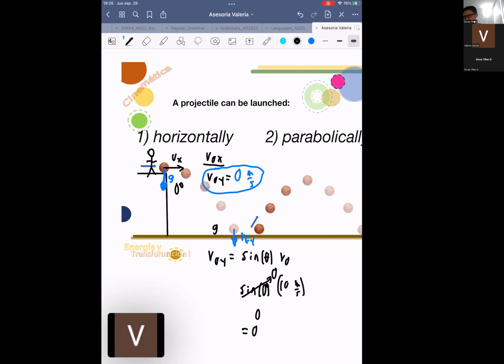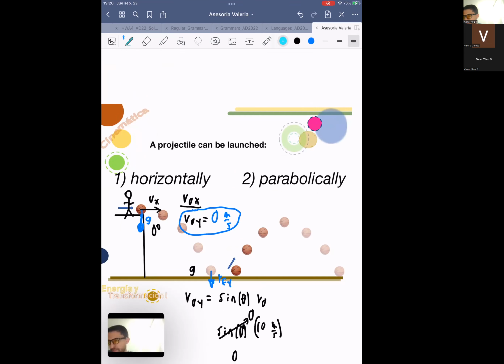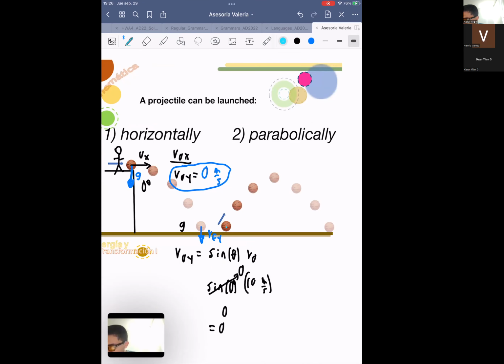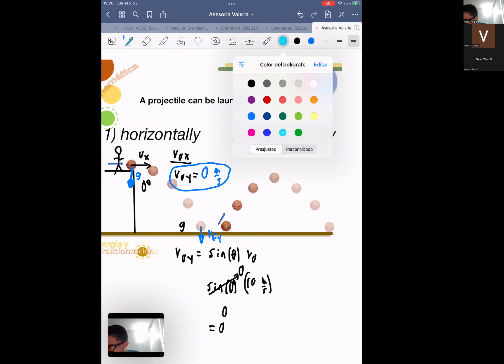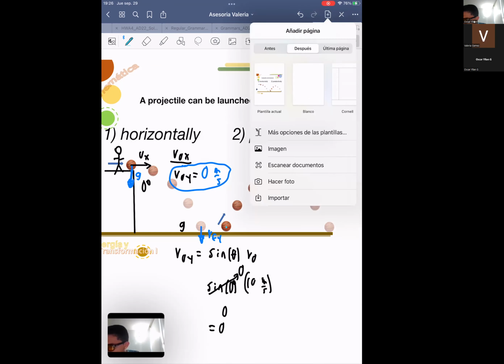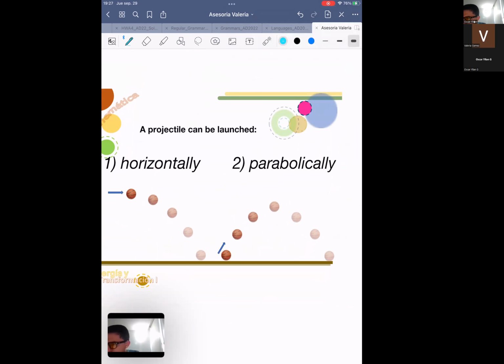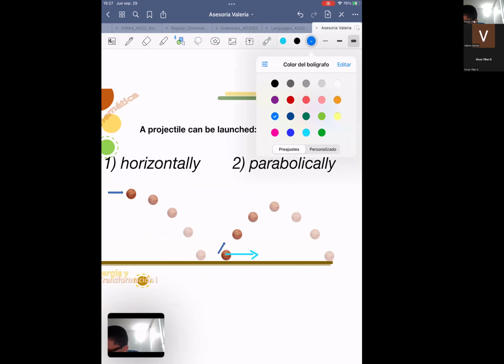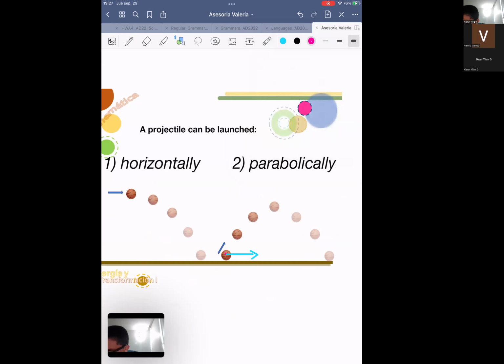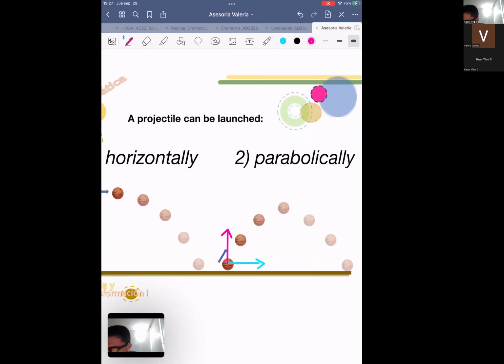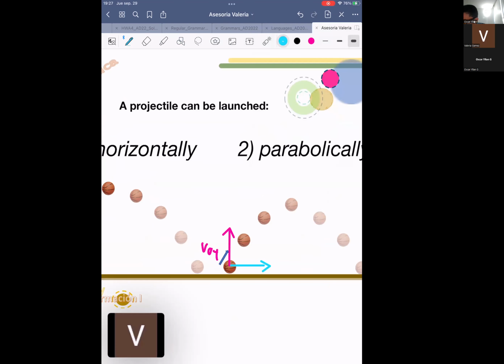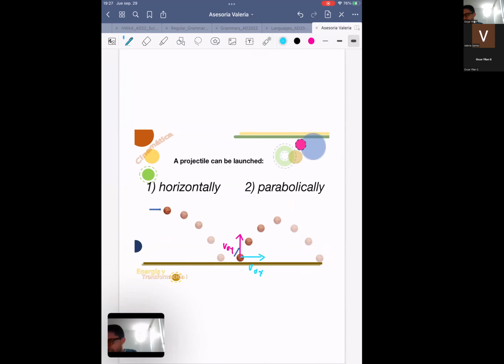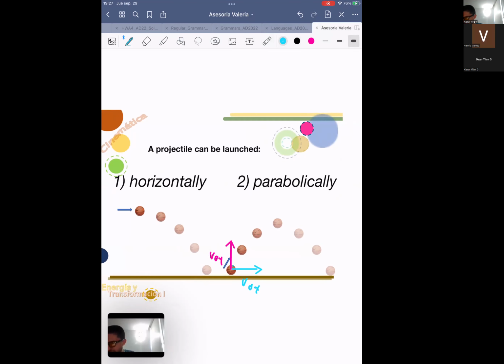The parabolic one is when you have both horizontal and vertical original velocities, V0x and V0y. Then it will have a parabola shape.